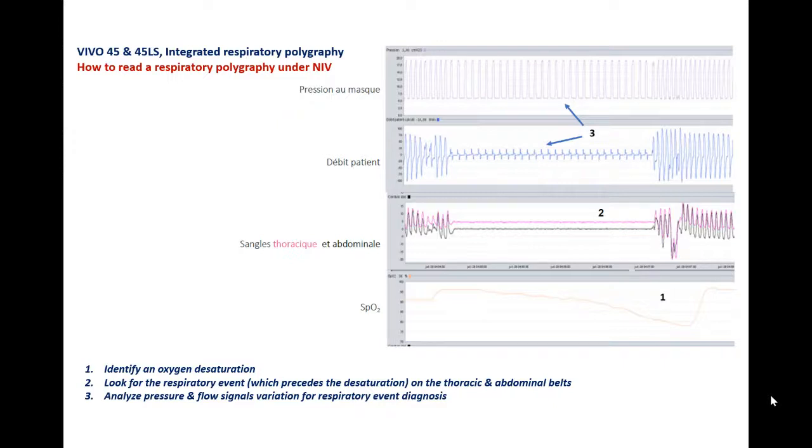The first one is to identify an oxygen desaturation. Second, look for the respiratory event which precedes, of course, the desaturation on the thoracic and abdominal belts. Third, analyze pressure and flow signal variation for respiratory event diagnosis.